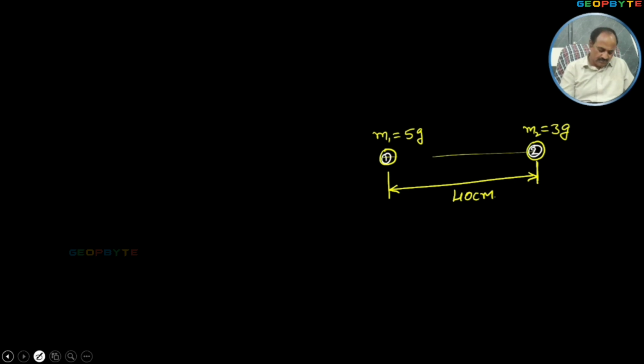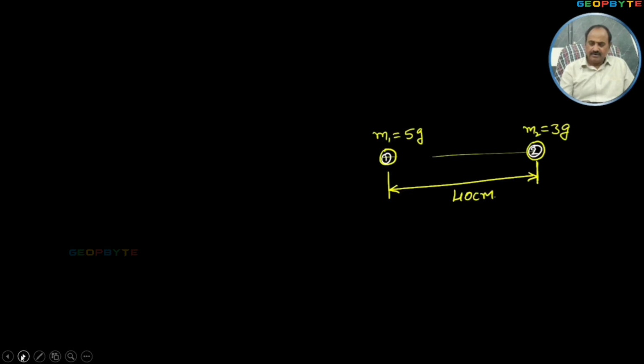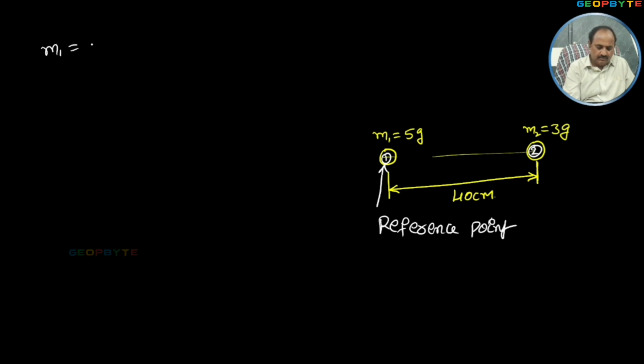For deciding the center of mass, we need to take one of the particles as the reference point. I am taking this as the reference point. Then here m1 equal to 5 grams, x1 equal to 0, m2 equal to 3 grams, x2 equal to 40 centimeters.